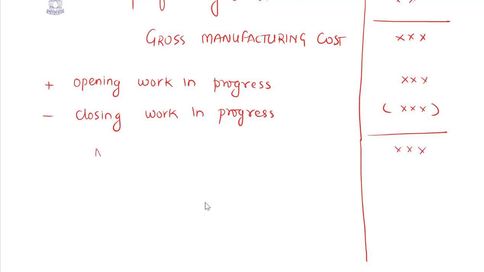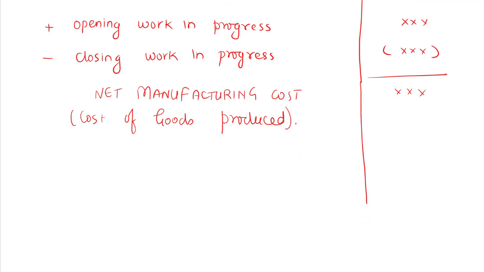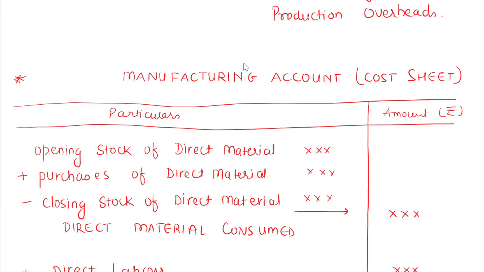This will give you net manufacturing cost, which is also known as cost of goods produced. That's it. So this was the manufacturing account.